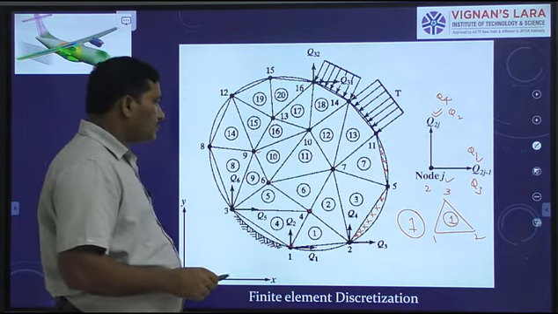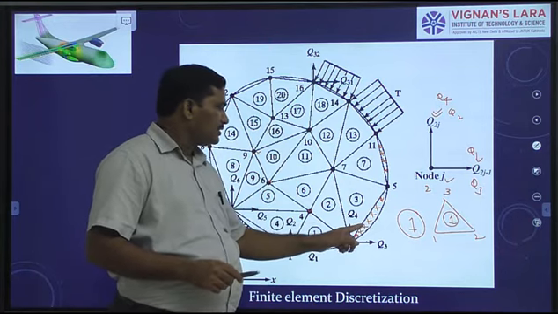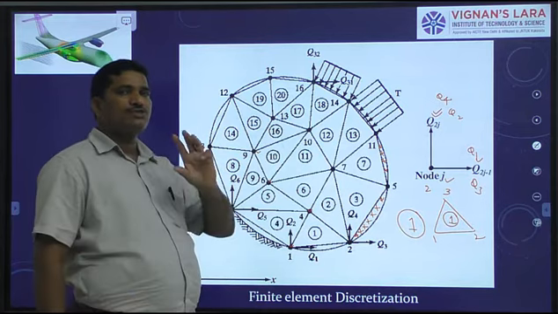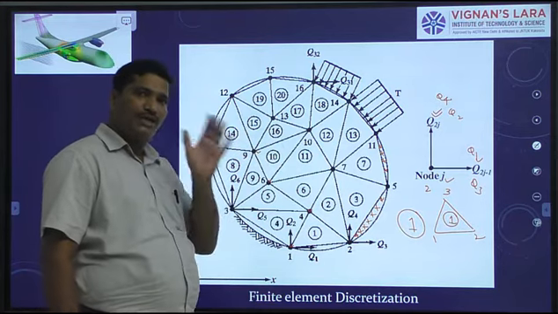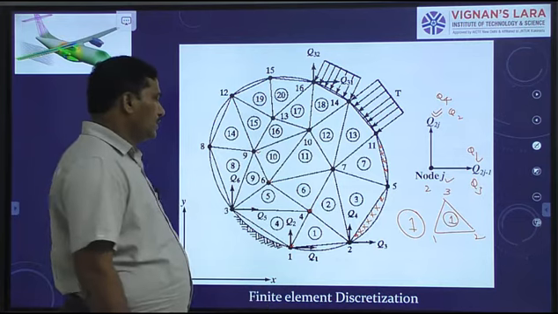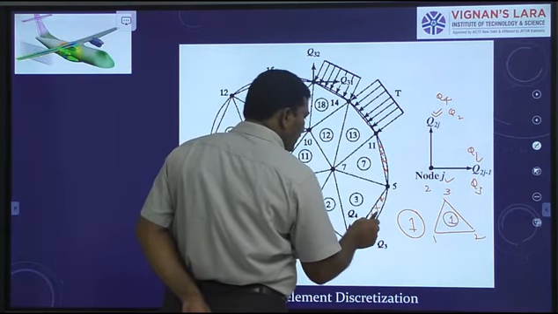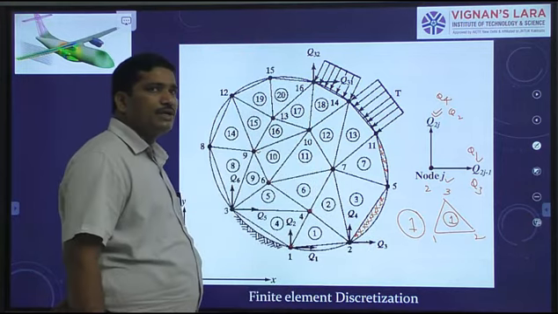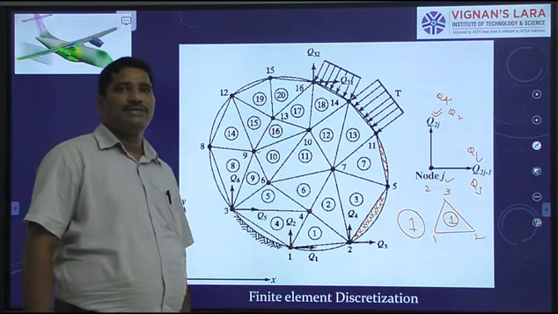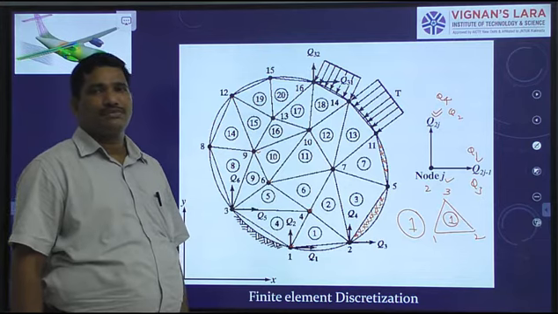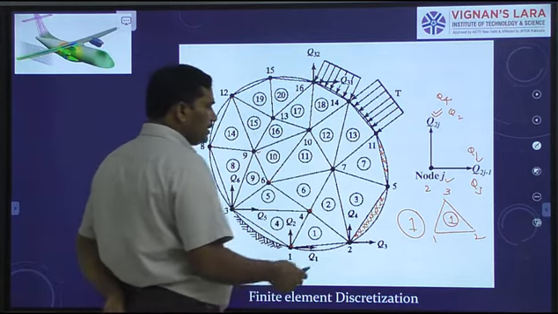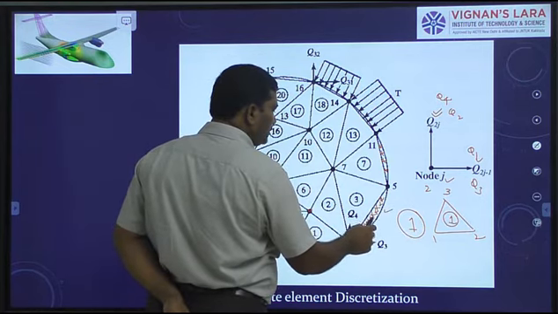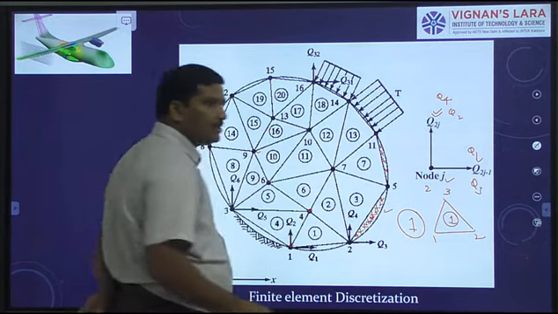To minimize this unfilled region, near the boundary you have to take smaller triangles. When you do finite element modeling, you should minimize this unfilled region, then only you get better approximations and values very close to the exact solution. How is it possible? When you take smaller elements near the boundary, this unfilled region will be minimized.